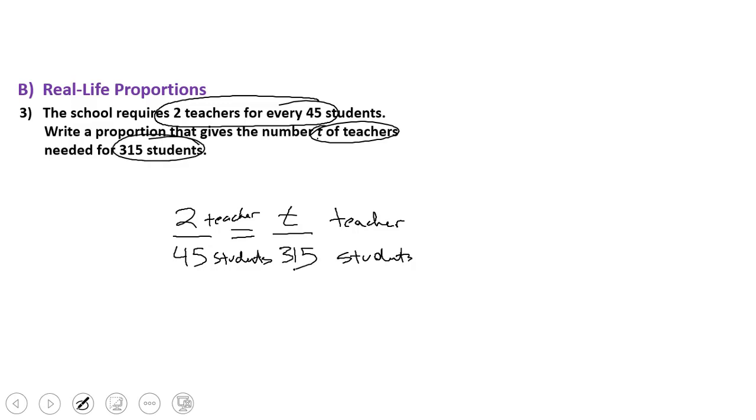That goes where the students belong. So I get 2 over 45 is T over 315. Very simple, very straightforward. Using the information that is given us, marking our text, using your proportion template, filling in the information, being consistent with the units. I know that's a lot to remember. I also know that you can do it.